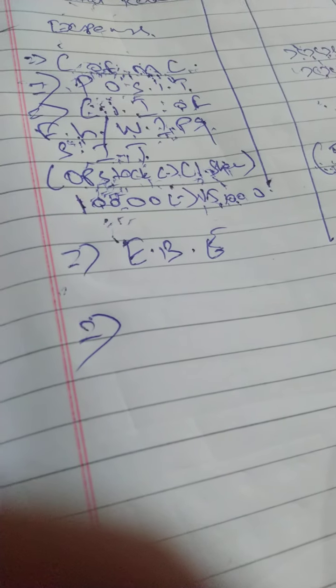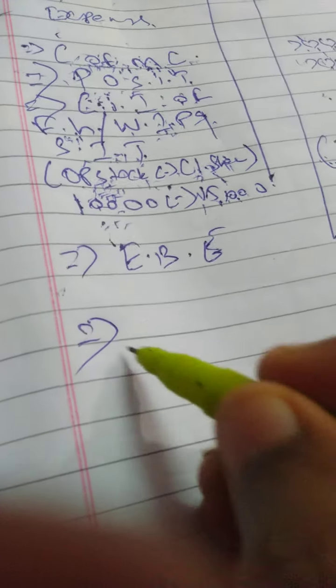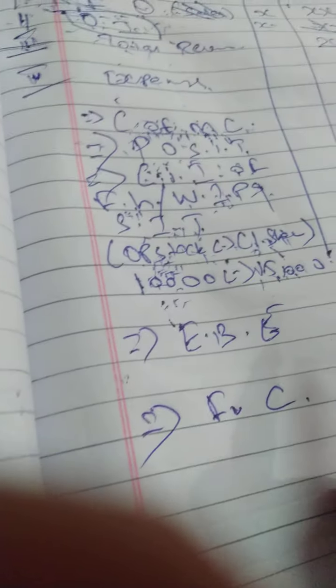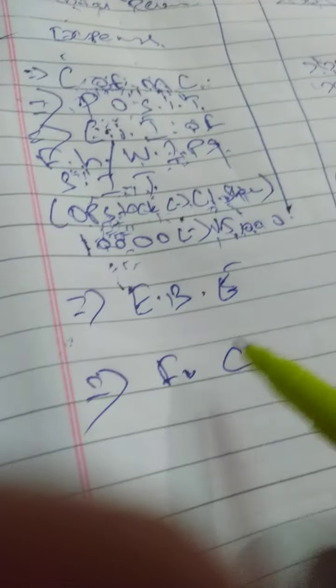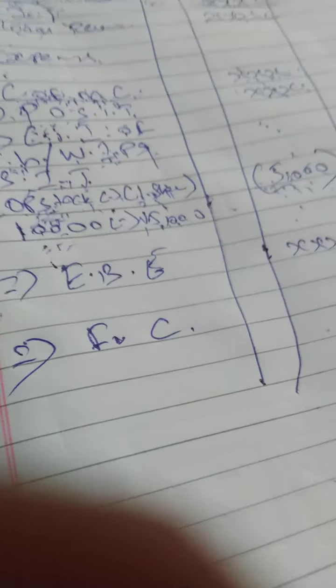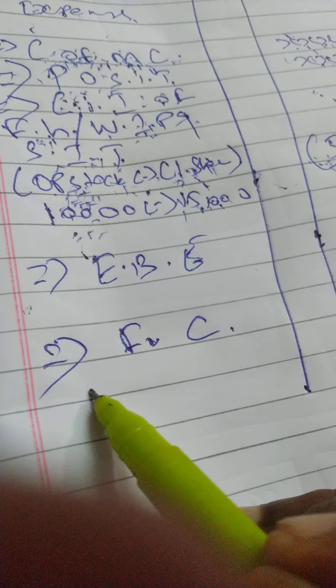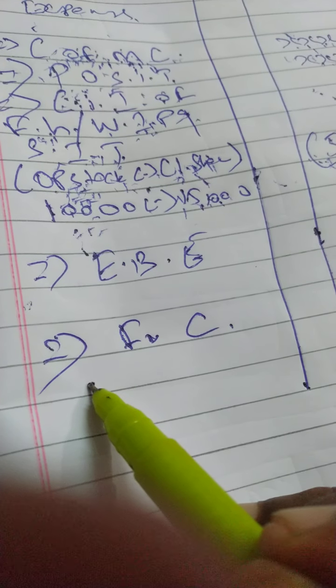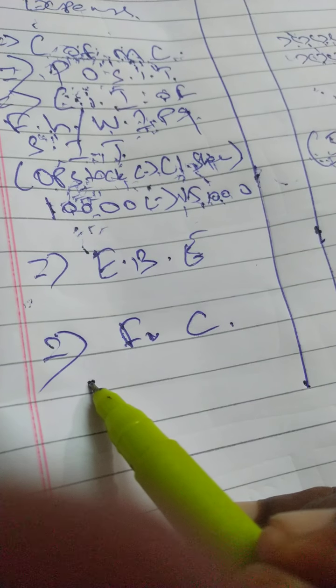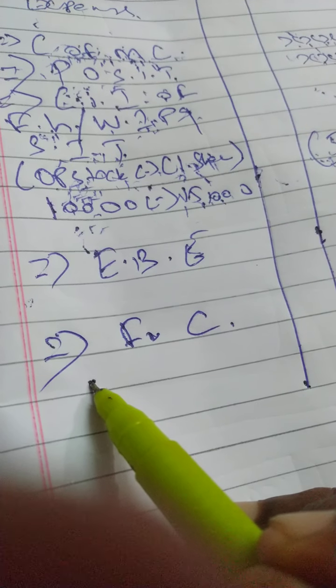Okay, then finance cost. I am writing the format of Schedule 3. Finance cost means what? Finance means arranging funds. When will I incur cost if I arrange funds?